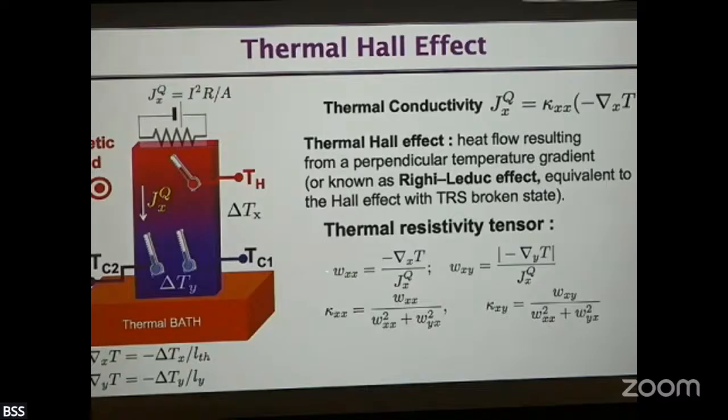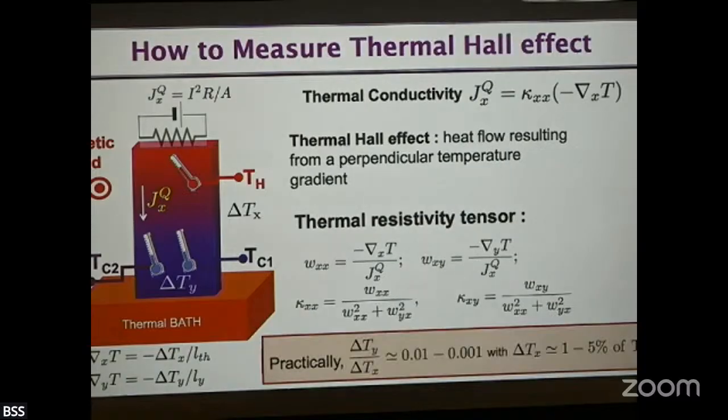So we define the thermal resistivity rho xx as delta Tx over the heat current, and delta Ty over the heat current is rho xy, okay? Then using the matrix inversion, that's how we get kappa xy. That's straightforward. Once you have these two quantities, you can calculate it.